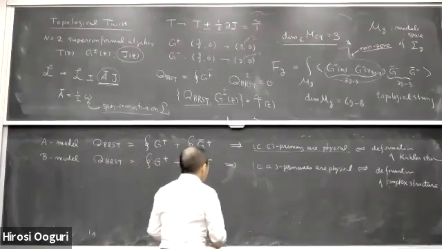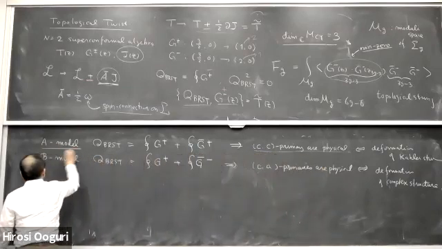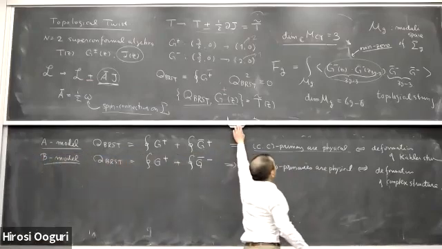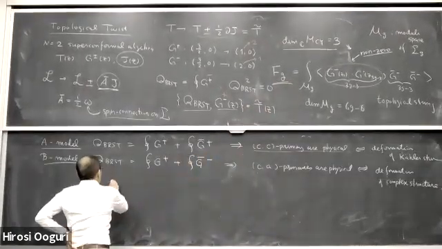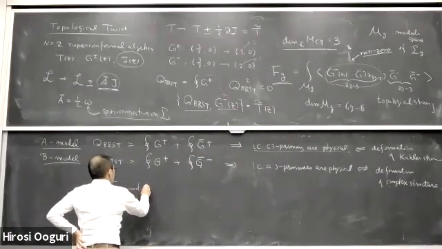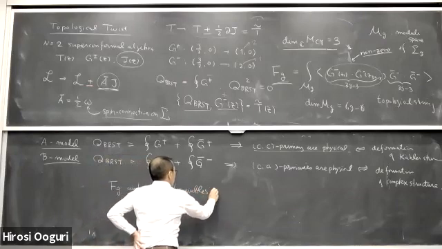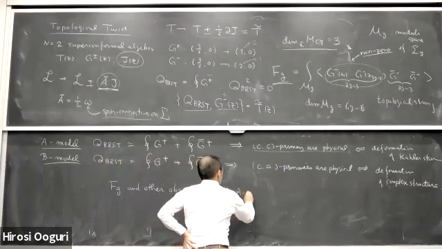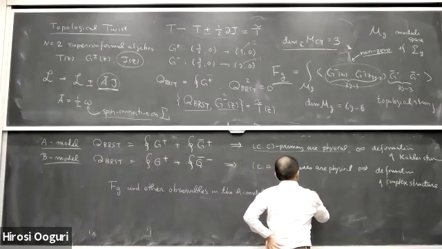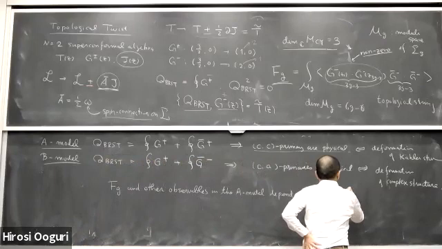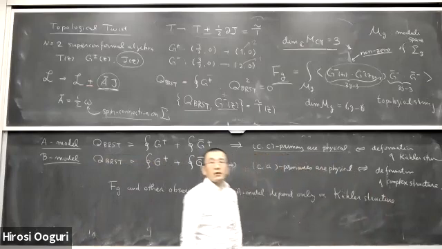And another nice thing is that because of this, any observables that you can calculate in the context of the A model, such as this FG, so for example, FG and other observables in the A model, depend only on Kähler structure, and not on complex structure.